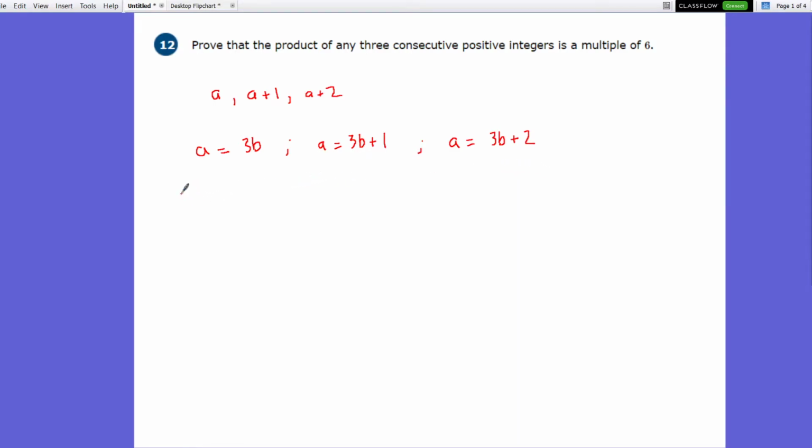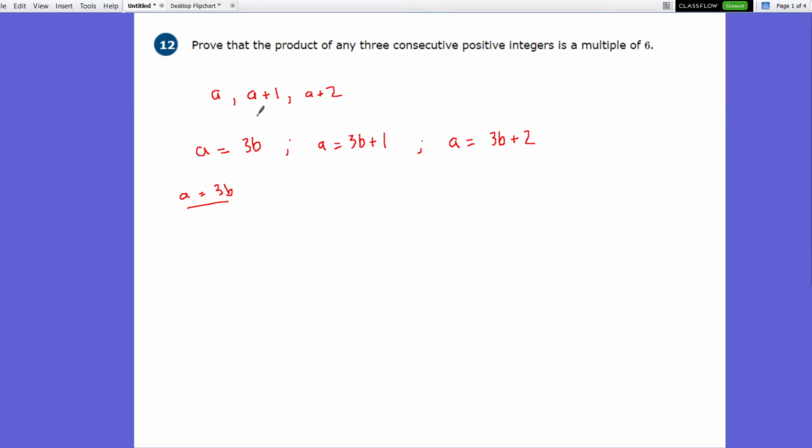Let's start with the first scenario where a is a multiple of 3, so we'll call it 3b. If a is 3b, then at least one of these terms is a multiple of 3.